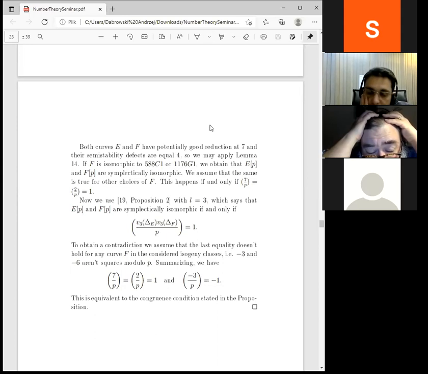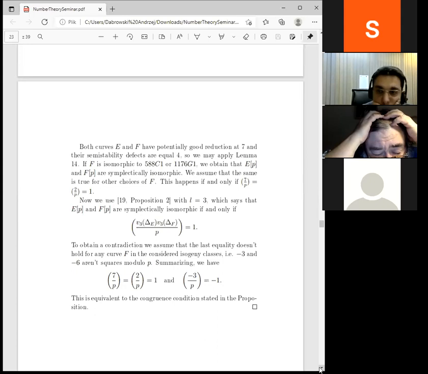Then we can prove that for such primes there is no non-trivial solution. So this contradiction arises on the level of symplecticity of isomorphisms of Galois models.